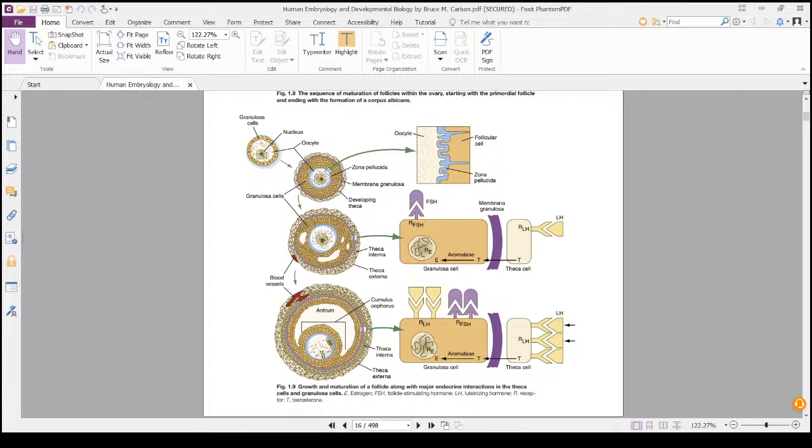First, what happens is you have something known as cyclic AMP. The production of cyclic AMP happens in the oocyte, and it also occurs in the follicular cells.